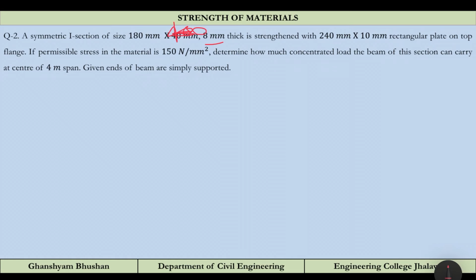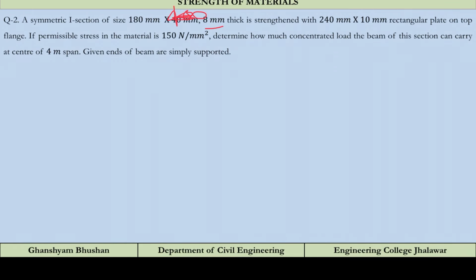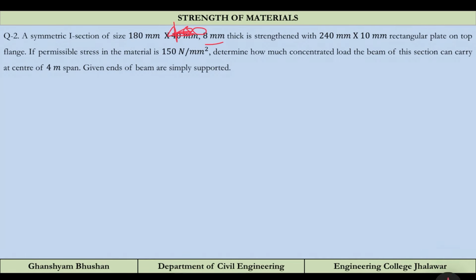The web is 8 mm thick, strengthened with a 240 mm by 10 mm rectangular plate on the top flange. If the permissible stress in the material is 150 Newton per mm square, determine how much concentrated load the beam of this section can carry at the center of a 4 meter span, given the ends of the beam are simply supported. So all the data is given.